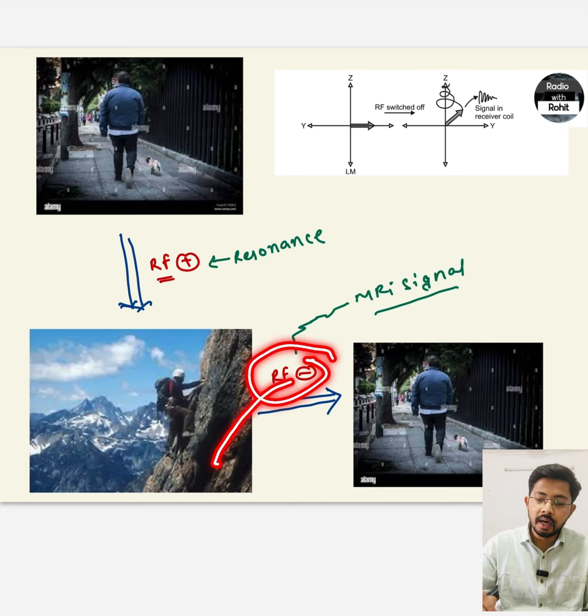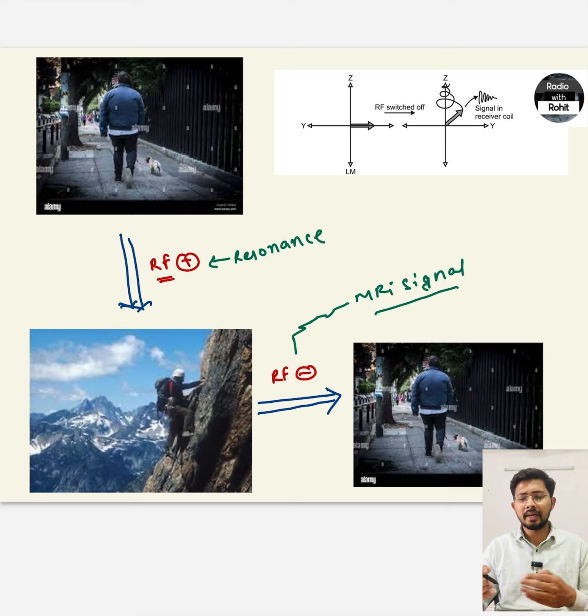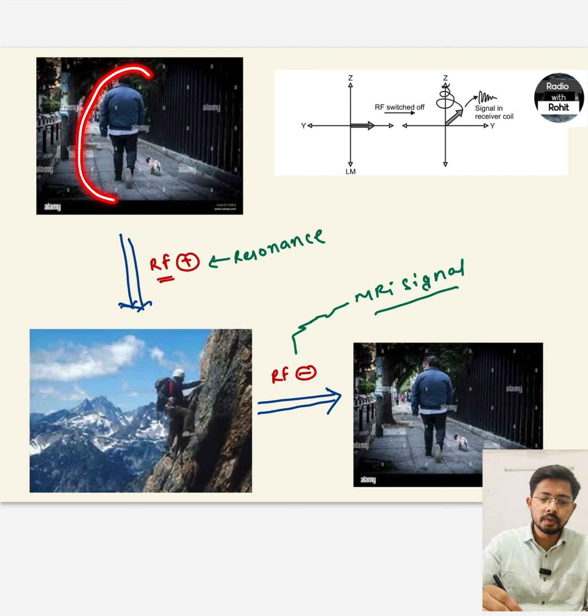Then this person again will start to walk on the normal playground. So what we did was, just by giving the RF pulse and switching off the RF pulse, this person was on the normal plain road, or we can call it the longitudinal axis. This is also the longitudinal axis for a short period of time.